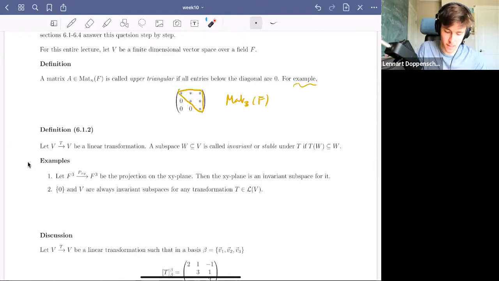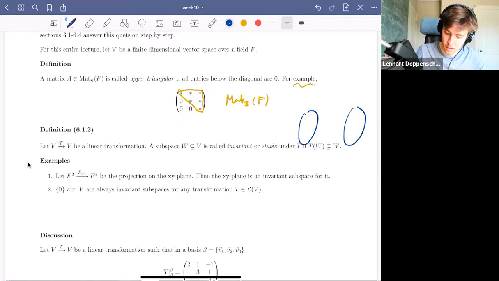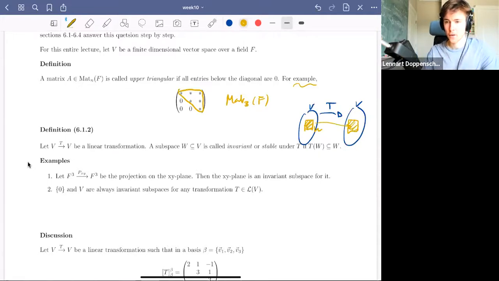So if you think about this graphically, if you have V and T goes from V to V, then for some subspace W, this is mapped into W again. Vectors don't have to be mapped to themselves. You can still stir around the subspace W in itself. But if there's a vector in W, then the image is also in W. Some other vector maybe, but also in W.